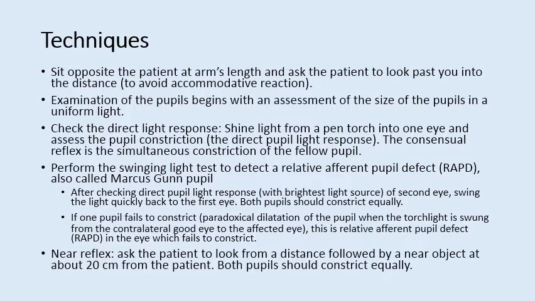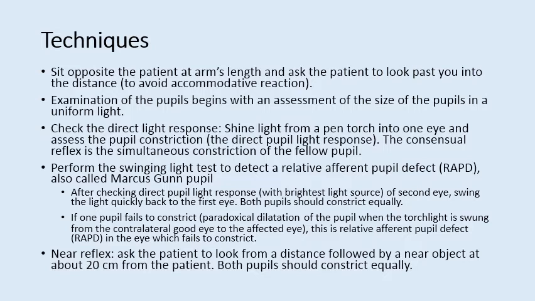During the swinging light test, if one of the pupils fails to constrict, and also demonstrates paradoxical dilatation of the pupil when the torchlight is swung from the contralateral good eye to the affected eye, this is called a relative afferent pupillary defect, in the eye which fails to constrict or demonstrates paradoxical dilatation when you swing the light to it. The near reflex is simple.